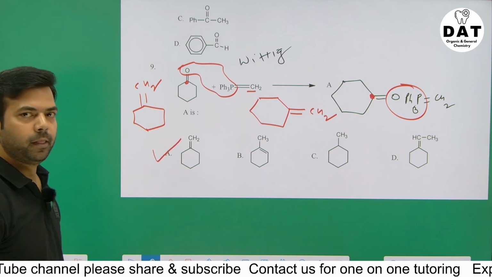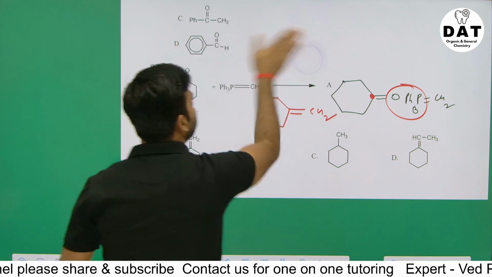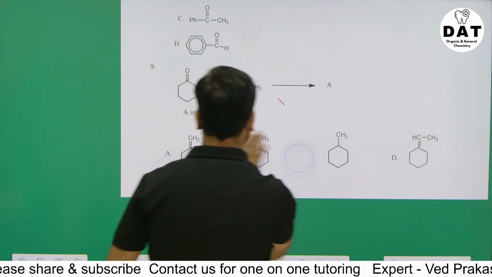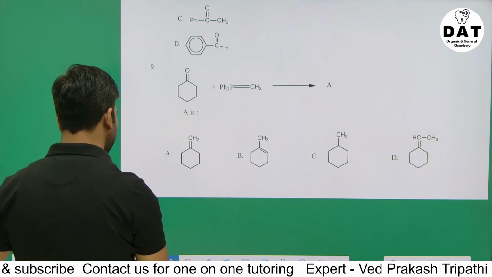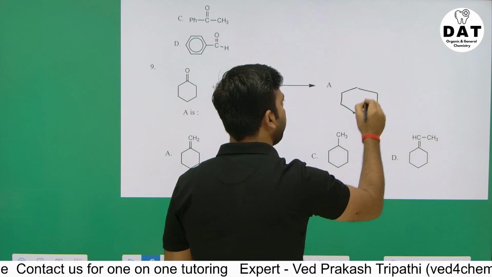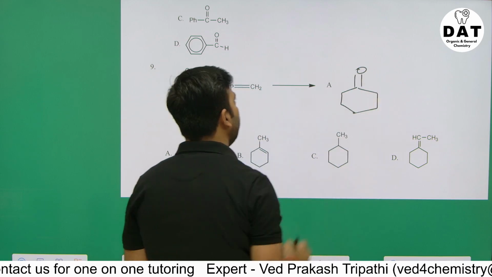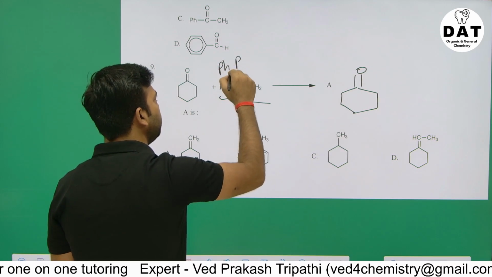Okay, quite simple. Suppose my question is like this. This is the question supposed to be. In place of this, we have this L, suppose phosphorus halide.